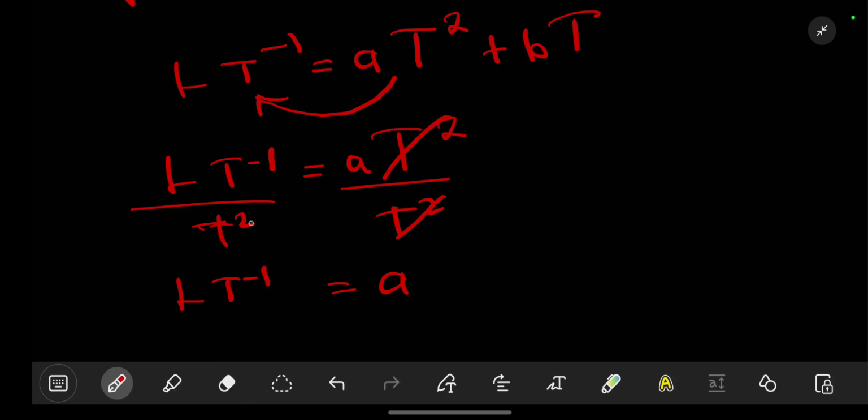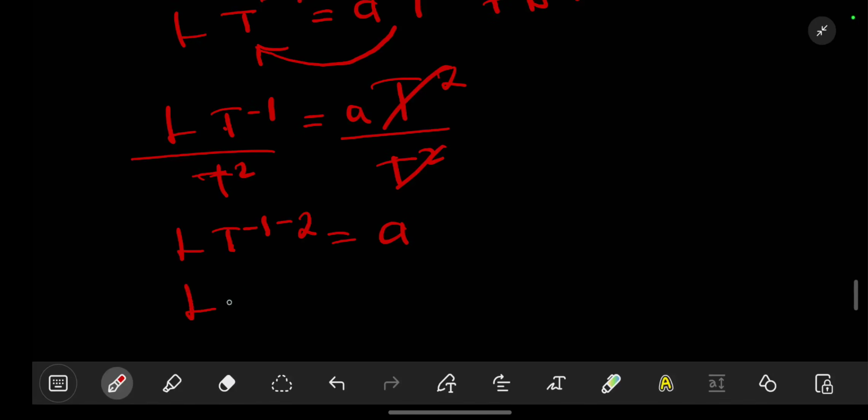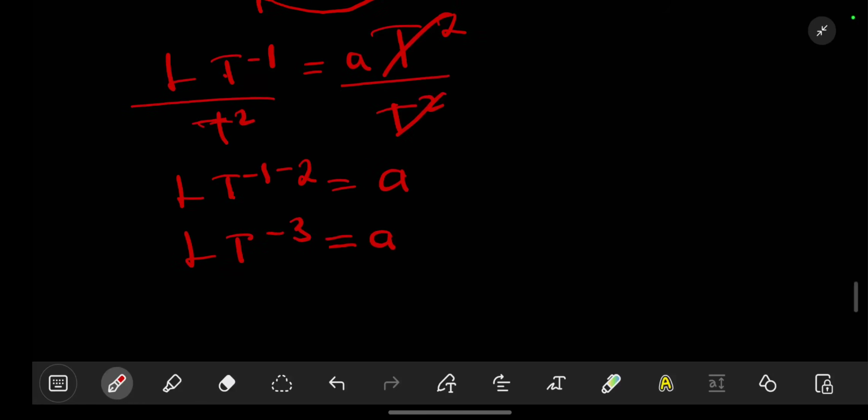If you are dividing the same letter, take one base and subtract the powers. So negative 1 minus 2 gives L T raised to the power negative 3, which should be equal to a. So these are the dimensions of a.